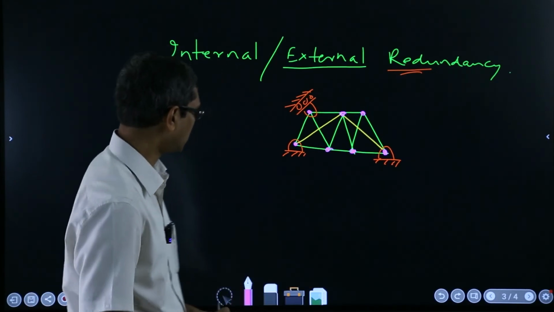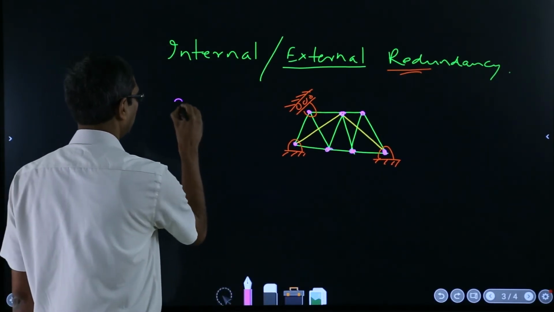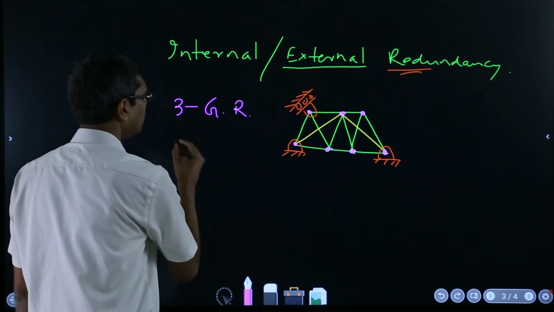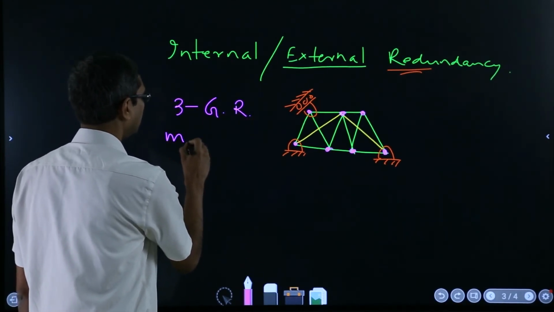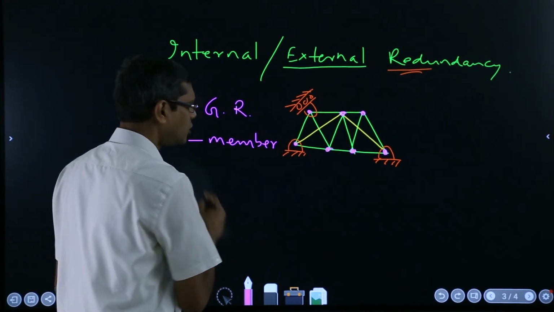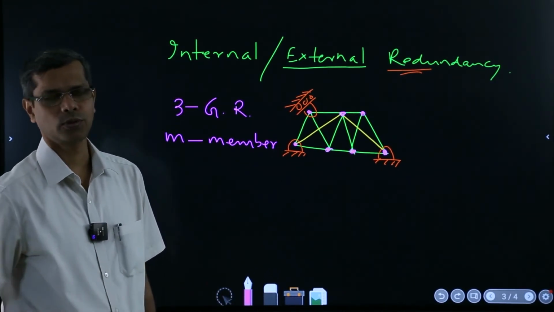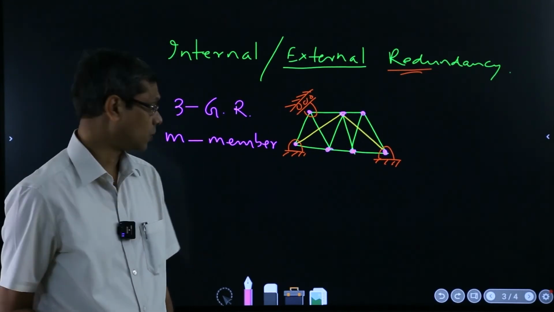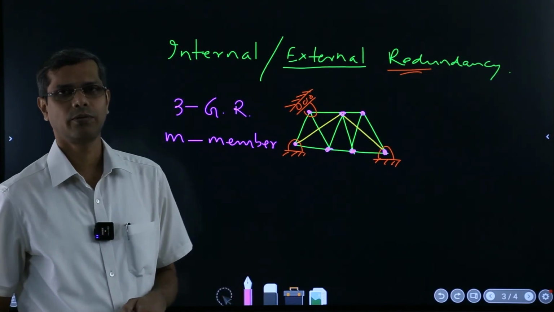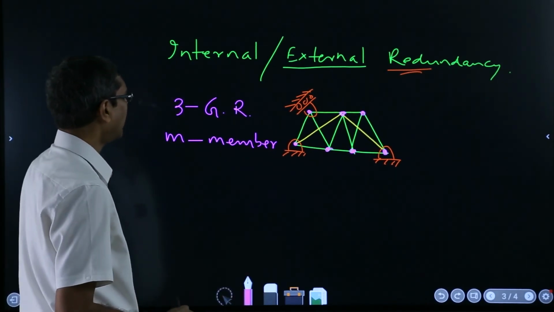These are the three ground reactions, and then suppose m members are there. For each member you have a member force, which is an unknown, which you actually desire to evaluate when you say analysis.